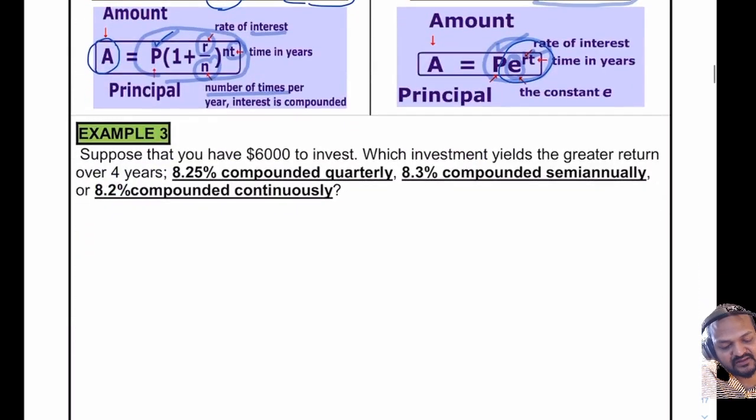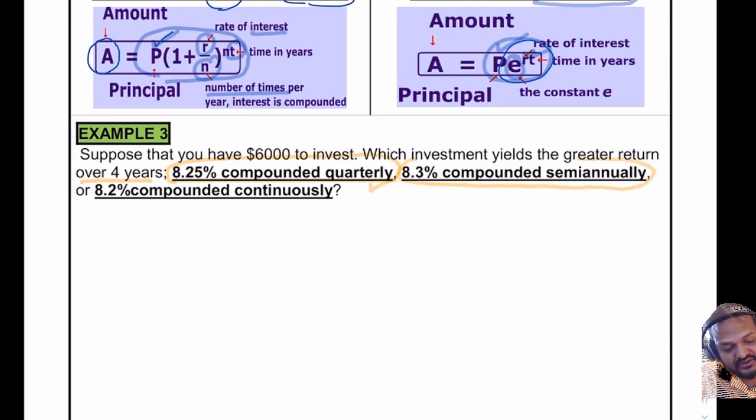So let's try to do this example. How do we do this particular problem? Somebody is investing about $6,000. And the question is, you have three scenarios. Scenario one is if they're investing for about 4 years, how much would the person have after 4 years if the interest rate or growth rate is 8.25% compounded quarterly.